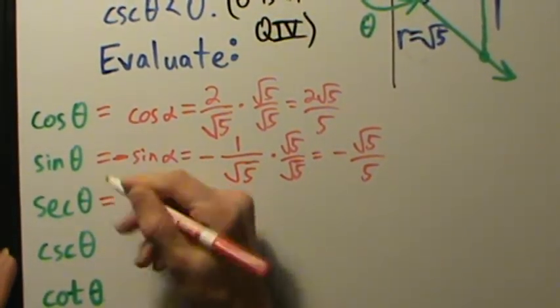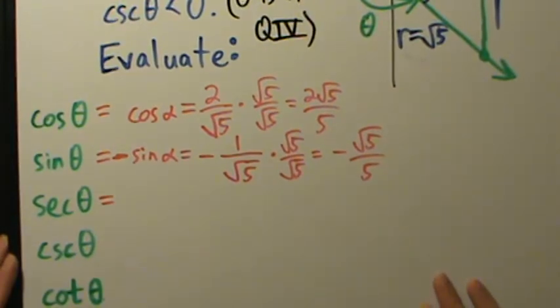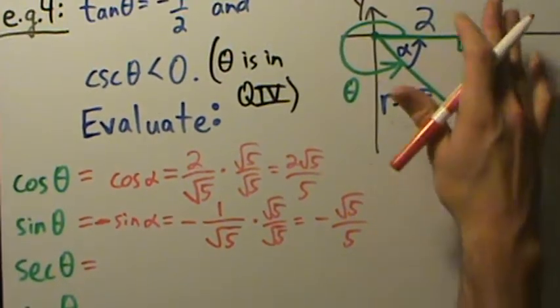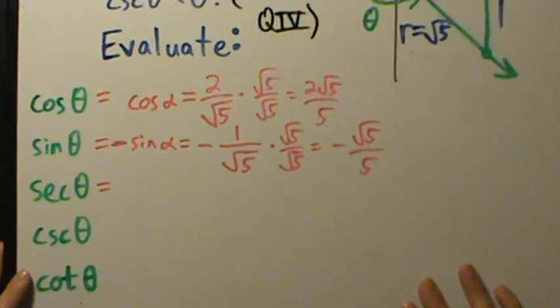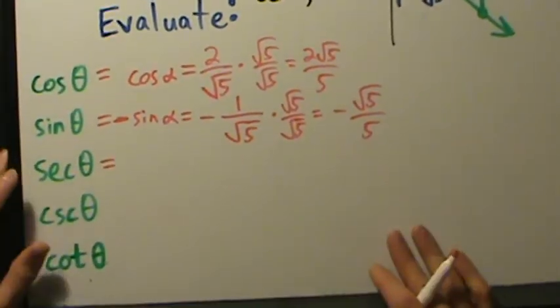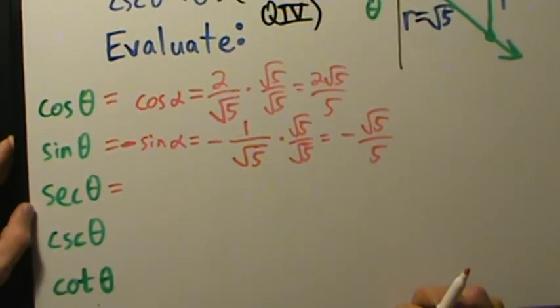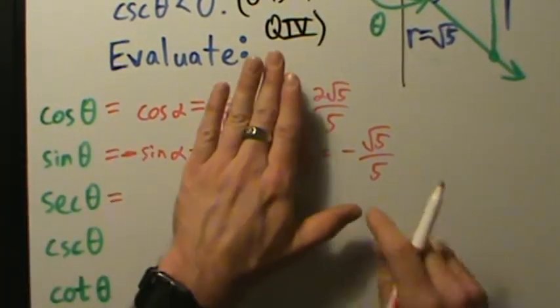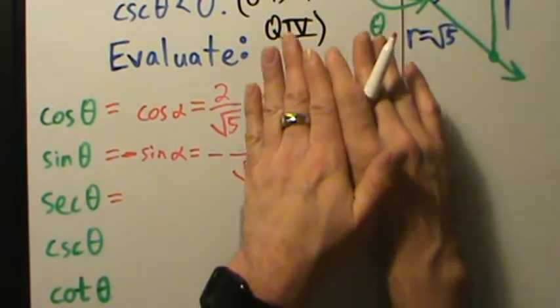Now for secant of theta, what do we got going on? Well, actually, we don't need to look at the triangle anymore, right? That's great. And we also don't really have to worry about the signs. Secant is the reciprocal of the cosine.